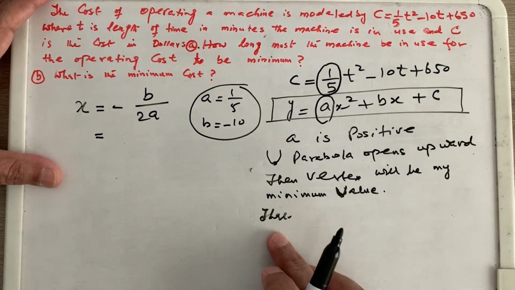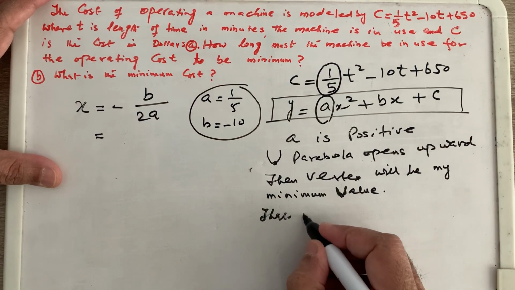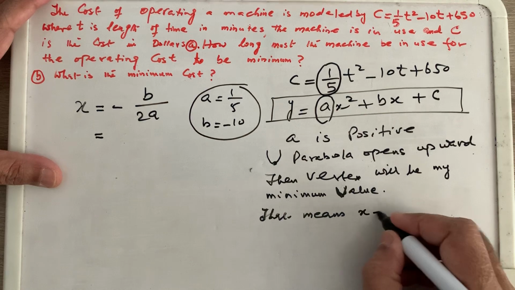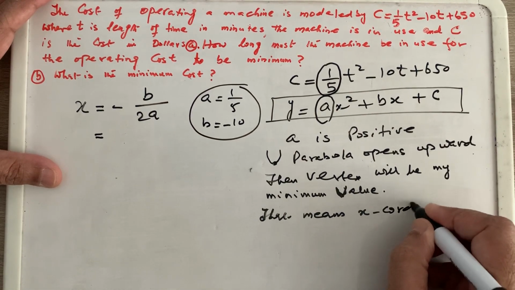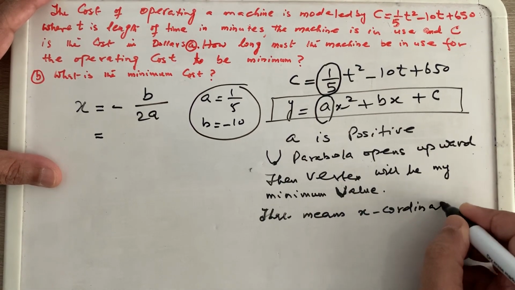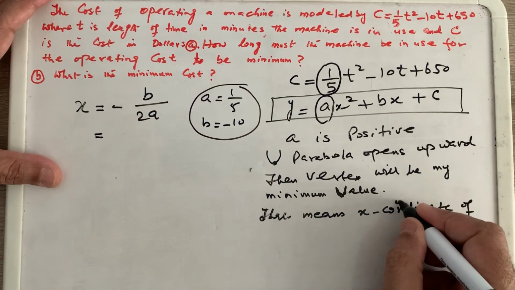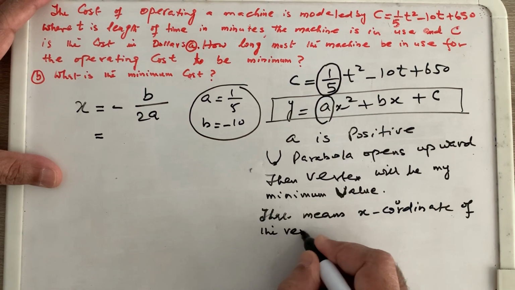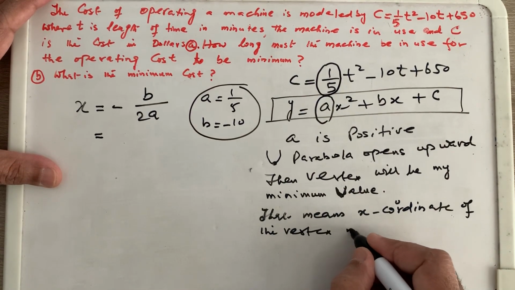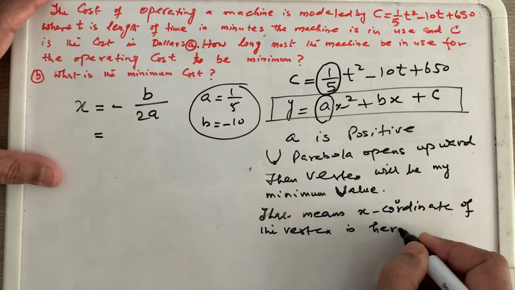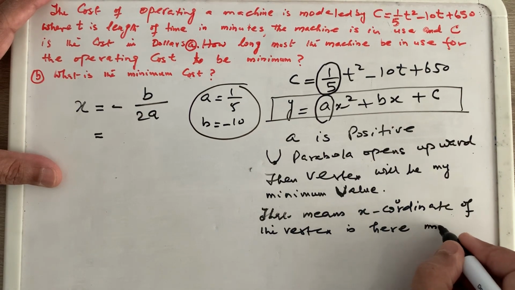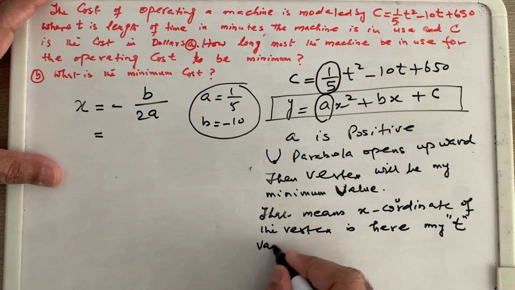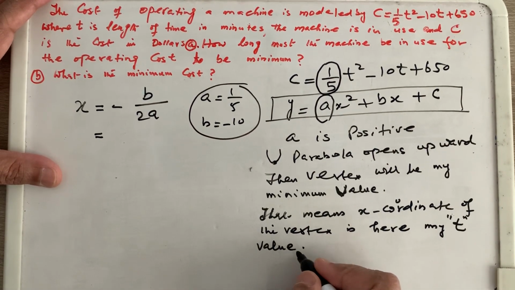What I am doing here is I need to find the x coordinate of the vertex, which here is my t value, because my variables are replaced, right?